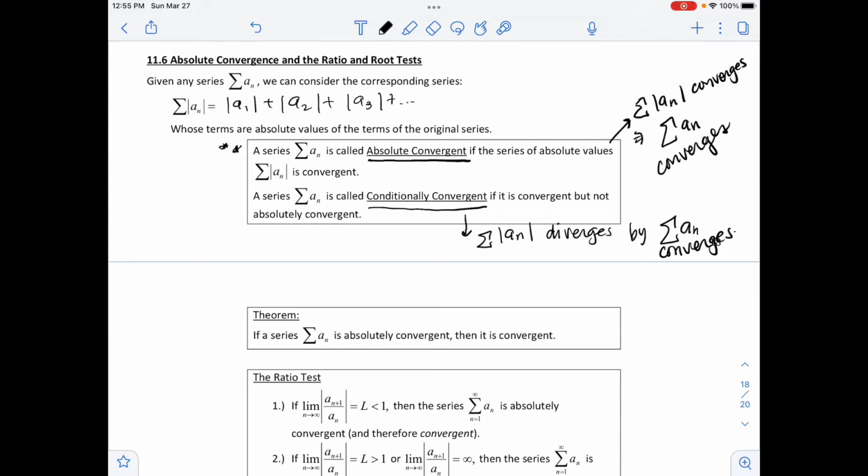The case that's not listed on here is divergent. So this diverges if the sum of the absolute value of a sub n and the sum of a sub n both diverge.